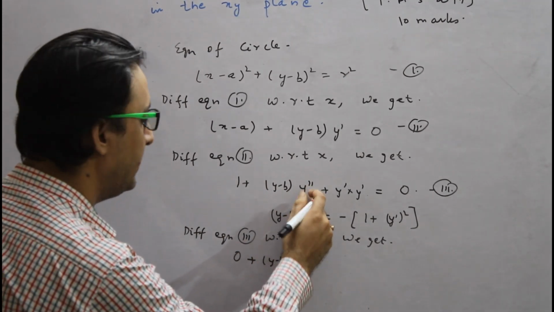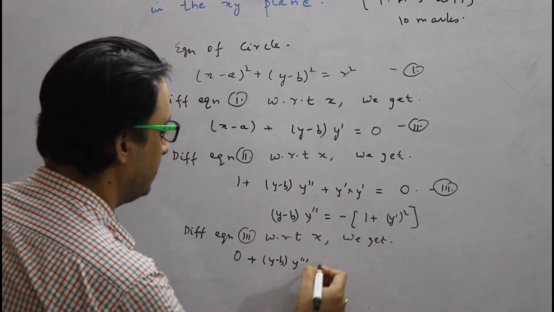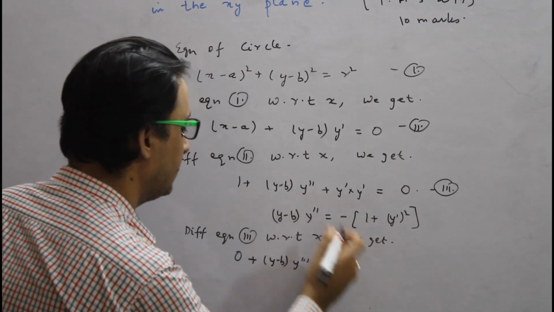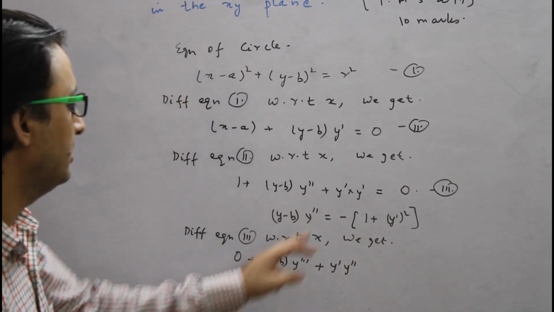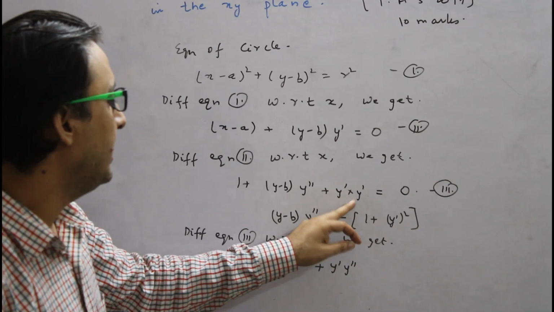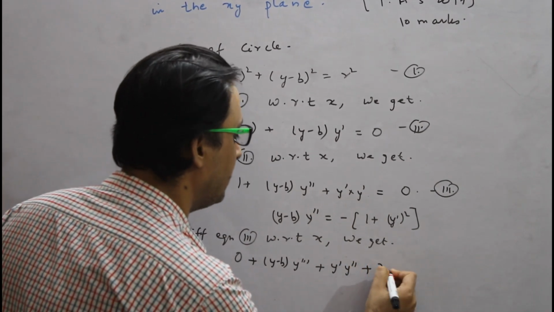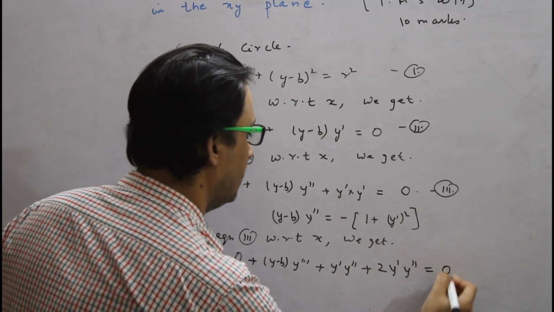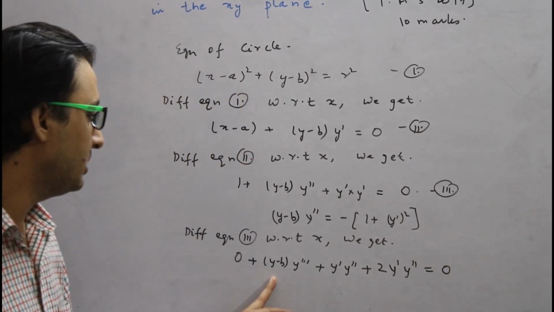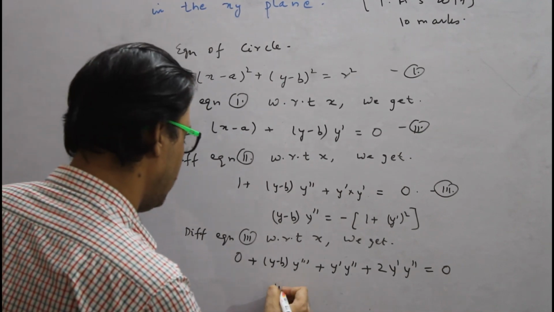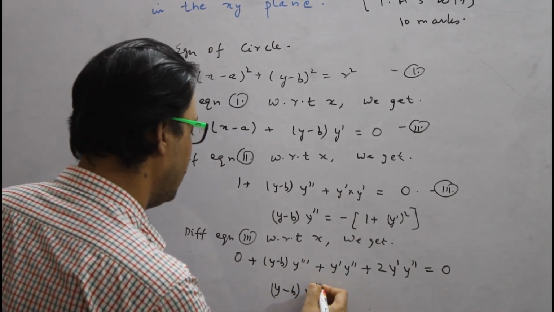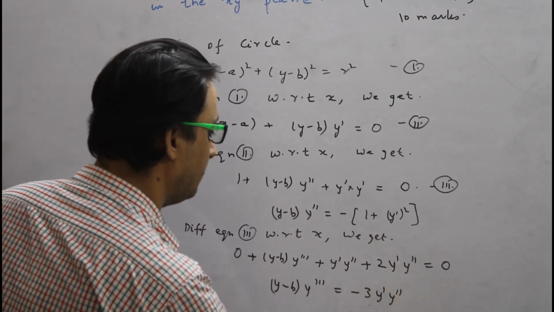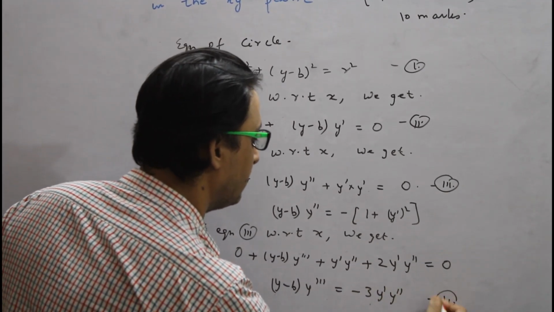So y minus b, y double dash becomes y triple dash plus, if I take the derivative, y dash, this is again kept constant, y double dash. Again this is y dash whole square, so if I take its derivative, it will become 2 y dash y double dash. So that is equal to 0. So from this equation I am going to put y minus b, y triple dash is equal to minus of 3 y dash y double dash. So this is my equation 4.